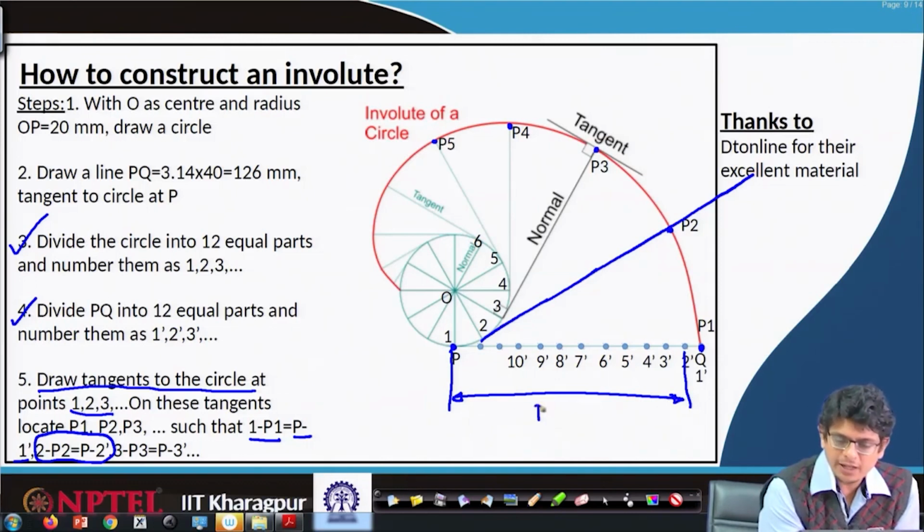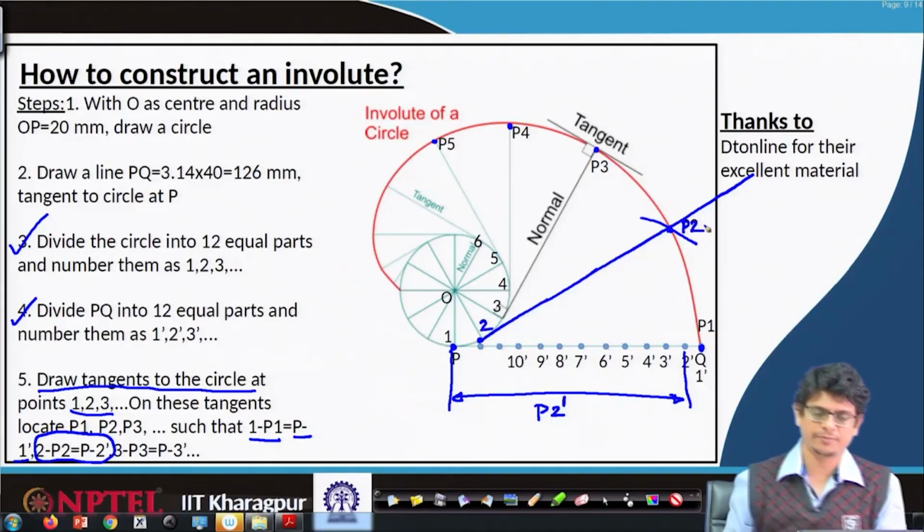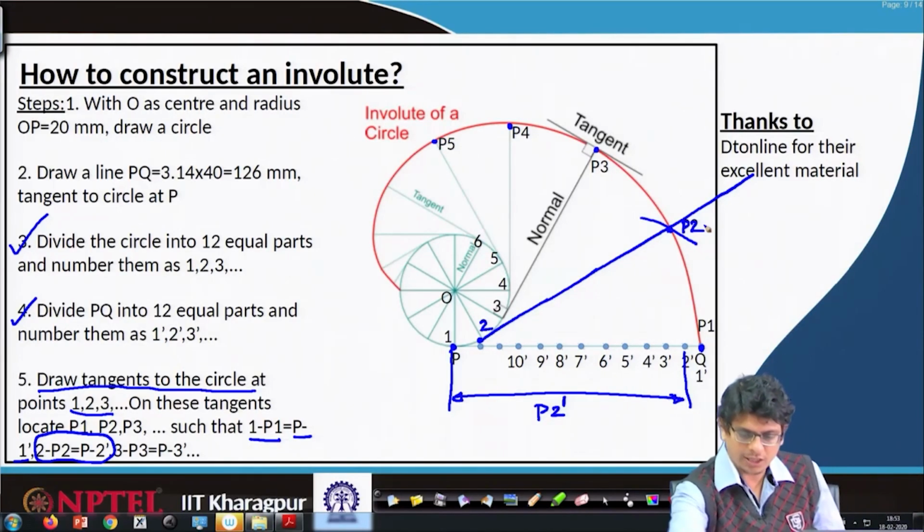Using this P 2 prime distance, make an arc with center 2 such that we get point P2. Let us do that on the sheet.